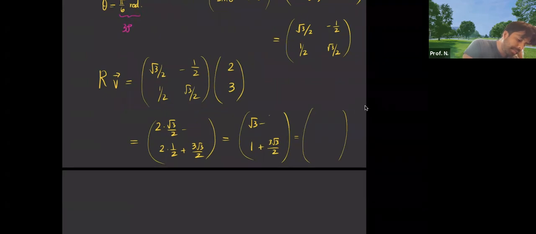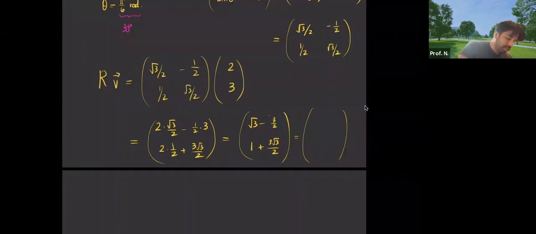No, this is 1/2 times 3, so this is 3/2, and that's all it changes. Thank you. I don't know why I wrote rad 3 over 2; it is 1/2. Sine of pi over 6 is 1/2, and cosine of pi over 6, which is cosine of 30 degrees, is rad 3 over 2.